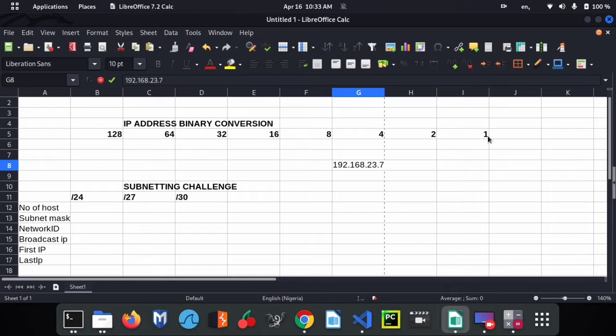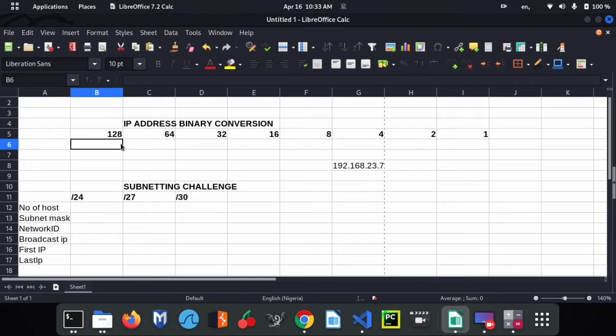Each octet, when you add all the bits together, sums up to 255. So what you're going to do to get the binary version of this is to simply come to the table that you have outlined, which is 1 through to 128 using the binary system.